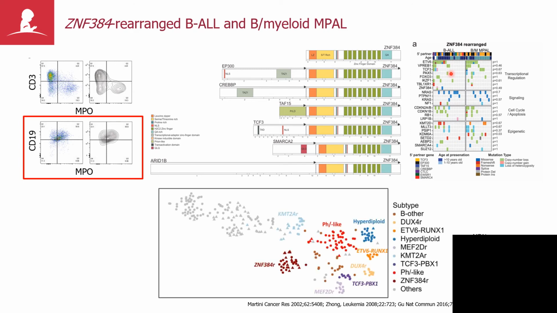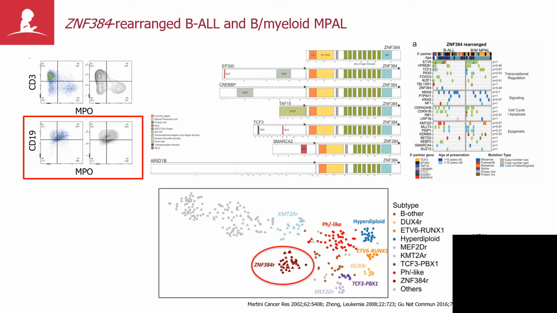And if we look at the gene expression profiling data, again showing a tSNE plot for a number of representative cases of leukemia, we show that the ZNF384 rearranged cases have a very similar gene expression profile, irrespective of whether they're mixed phenotype or conventional B-ALL.